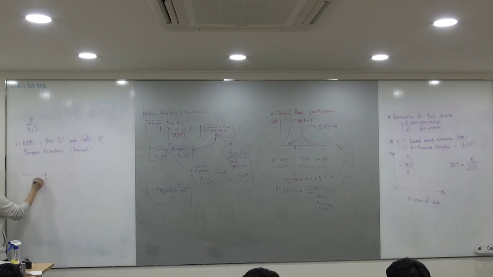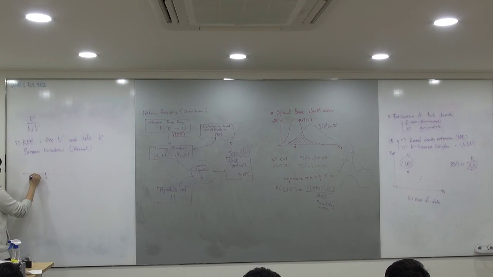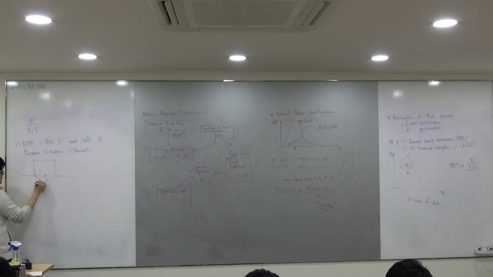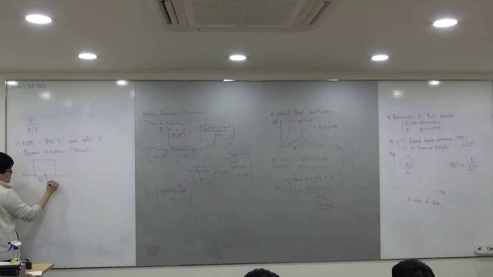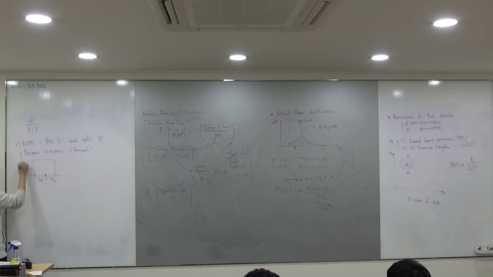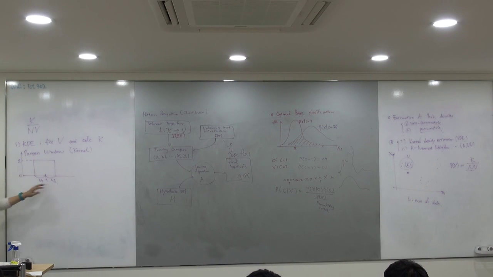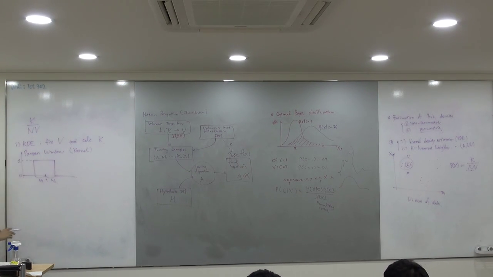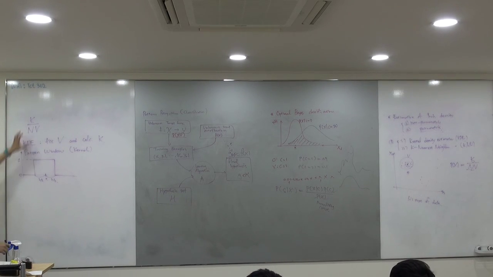Your inspection point is here, and the partition window is like this. That's 0. Use this partition window, which means we're going to compute this one.